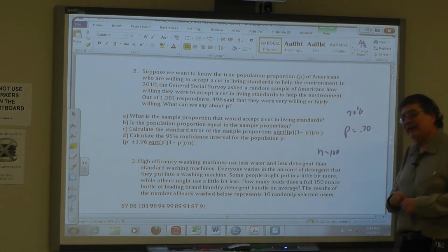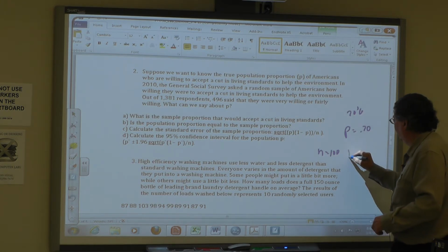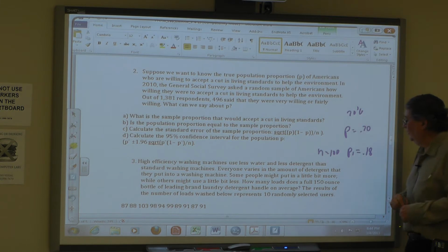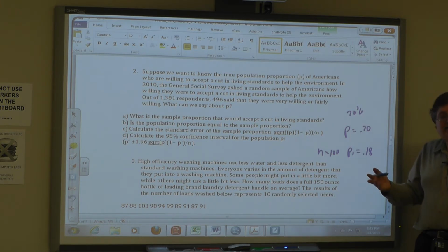Okay, so now we sample that population of 100 people, and now we find out that the prevalence in that population is 18%. Well, the problem here is that the sample prevalence was 18%, right? But we don't know what the entire population prevalence was for that disease.